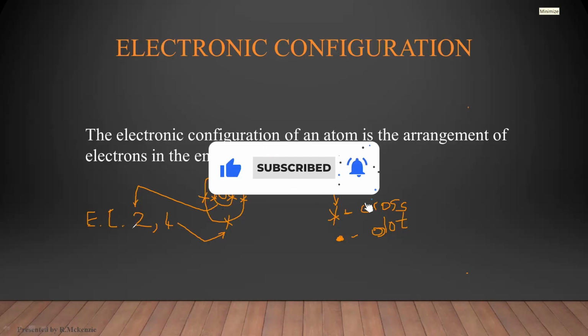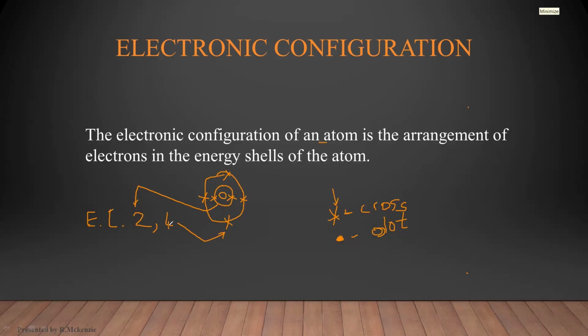So that's how it works. The first shell has 2, the second shell, 4. So that's how the EC works. EC shows how electrons are arranged on the shells in an atom. Get that? Yes, sir. Alright.